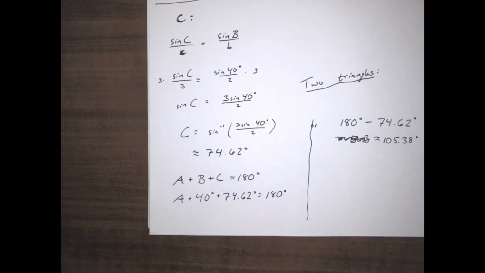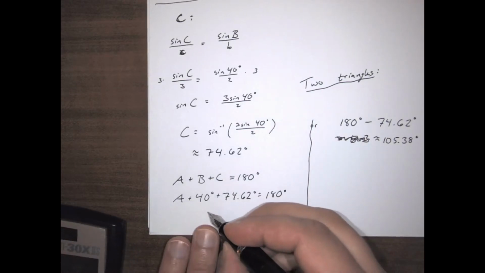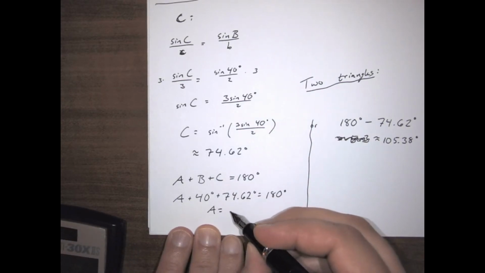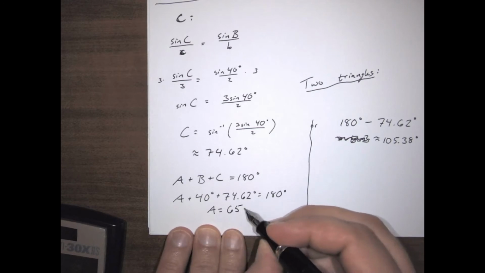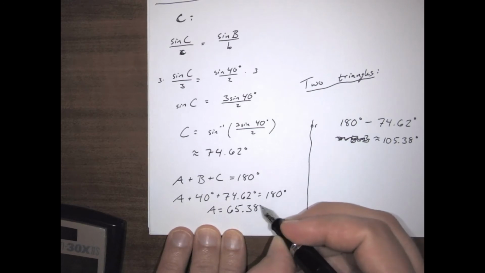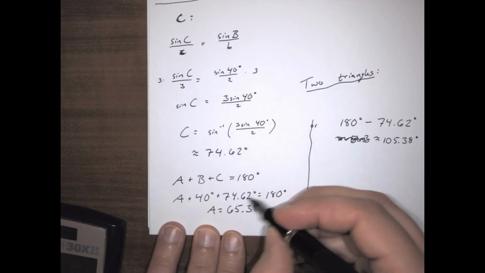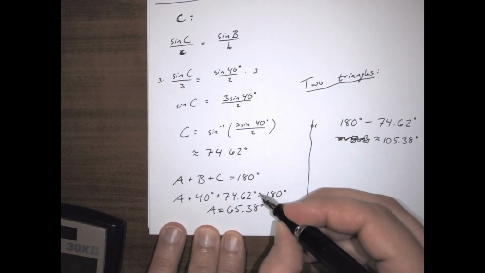And then that means that 180 minus 40 minus 74.62 means A is going to equal 65.38. Okay, so be it.